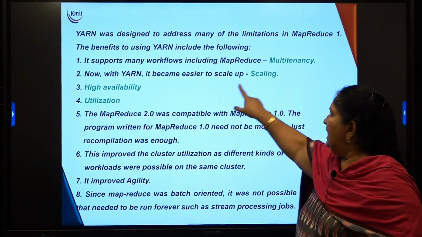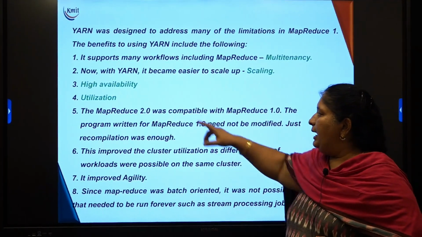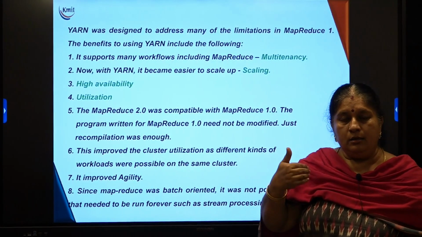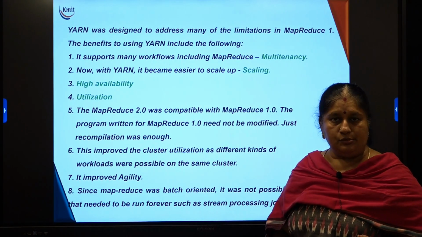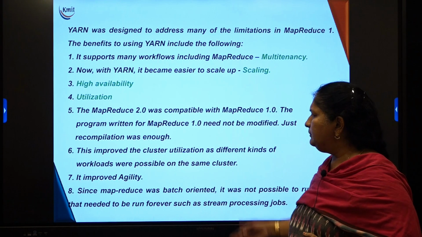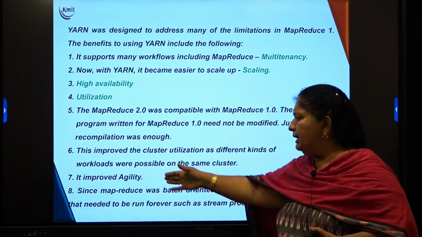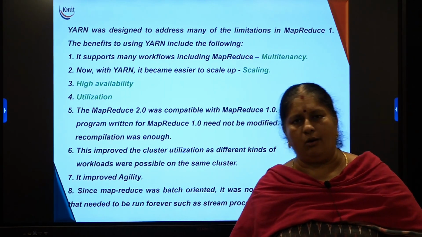Similarly, scaling has become very easy compared to the earlier version, and compared to MapReduce 1, Yarn gives more availability, and utilization of the resources is also optimized. Apart from this, many other advantages are found. It increased the agility of application execution and so on.